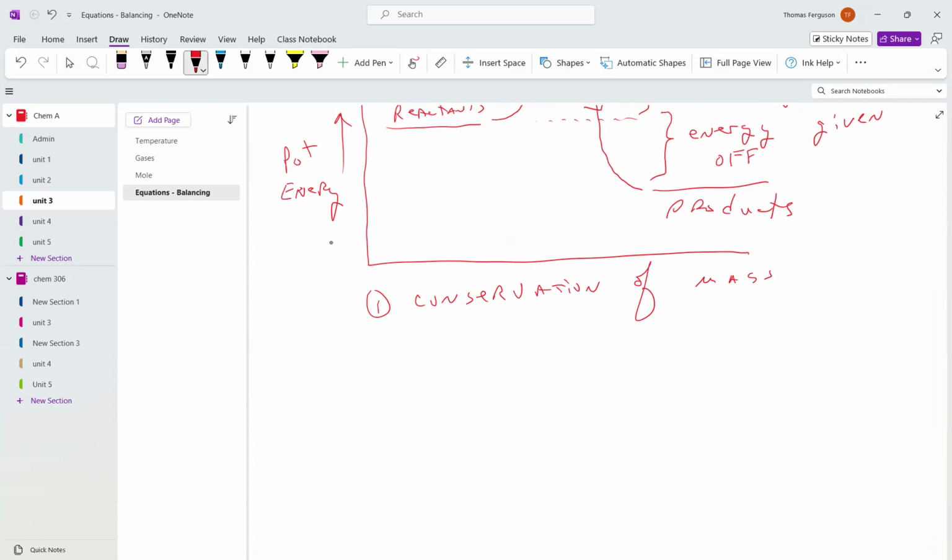E is equal to mc squared. So if you're losing mass, it's because it's converted to energy. And energy produced from mass is a horrendously large amount. So conservation of mass: 5 grams of reactants, you have 5 grams of product. The problem with that statement is the new molecules formed don't weigh the same as what you started with.